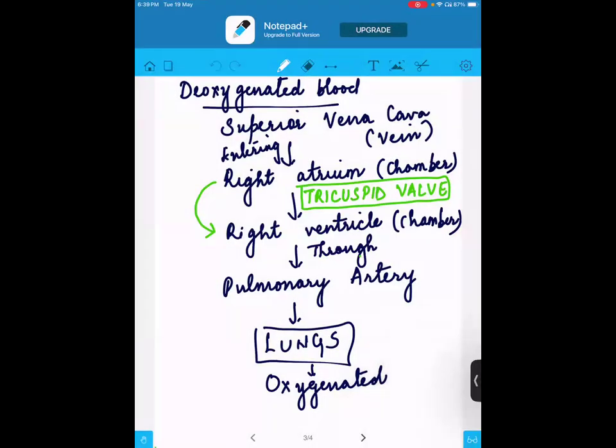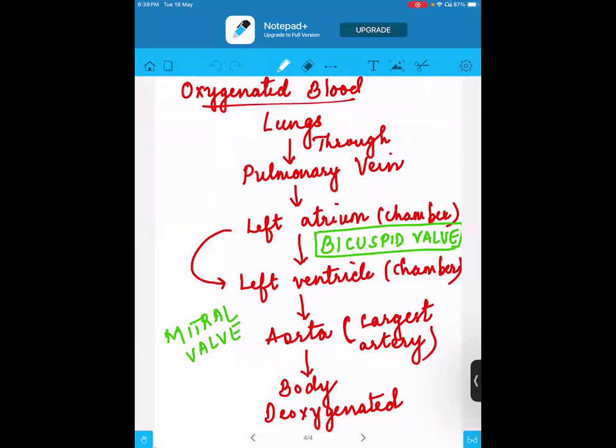If it is done with this, then go for the next one, which is about the oxygenated blood.